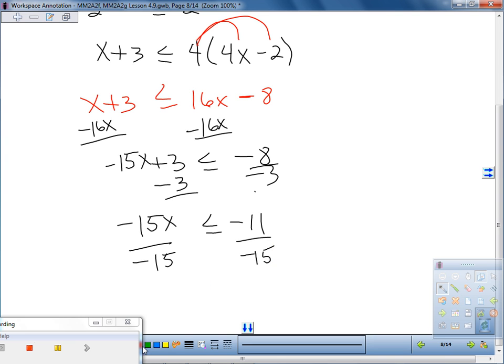Now this is key here. I'm dividing by a negative across an inequality, so that means I have to reverse the inequality. So I end up with x is greater than or equal to 11 over 15. I'll make it positive since they were both negative. Double negatives make a positive, so we know that x is greater than or equal to 11 over 15.